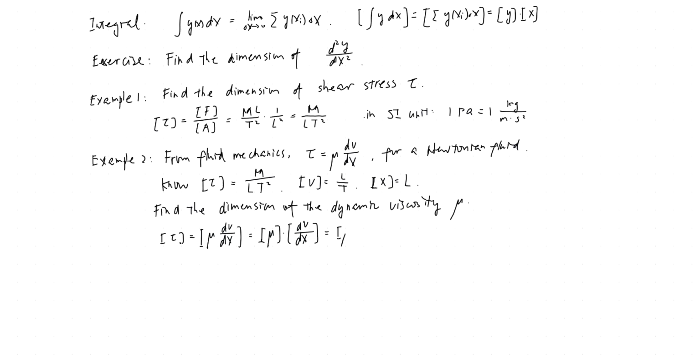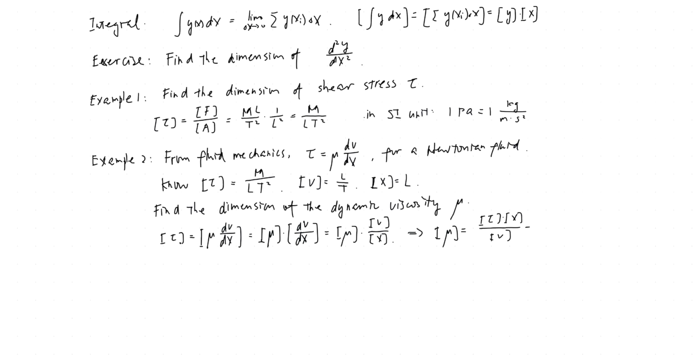And the dimension of dv/dx, now it's a derivative, we just discussed that it's the ratio of the two quantities. So you have the dimension of velocity divided by the dimension of x. Now you can move the terms around. The dimension of dynamic viscosity is the dimension of tau multiplied by the dimension of x divided by the dimension of velocity.